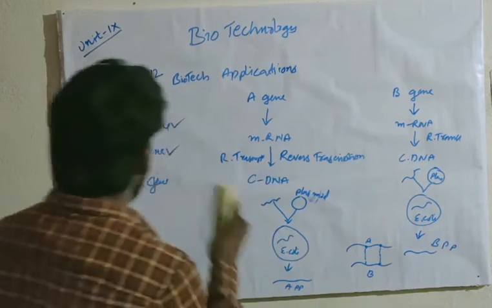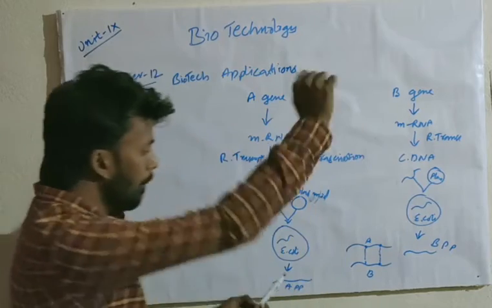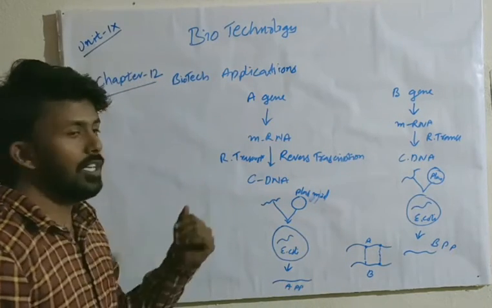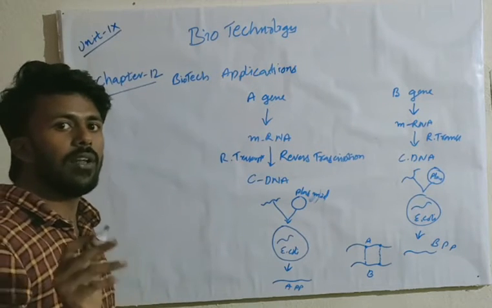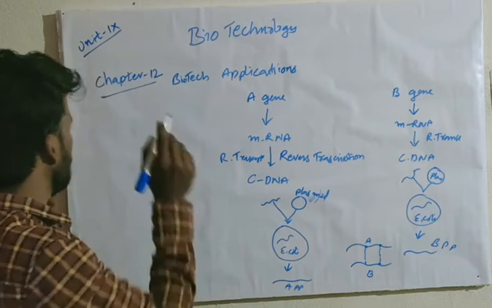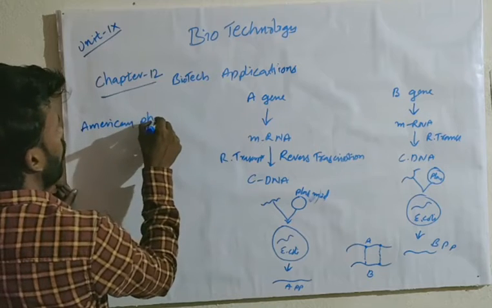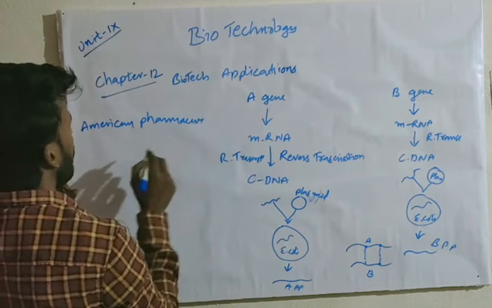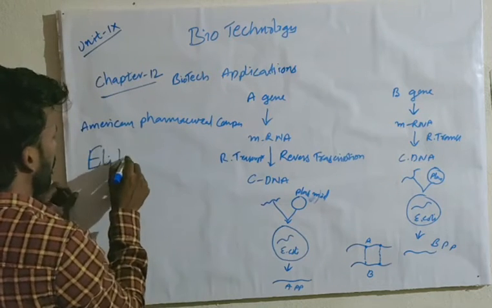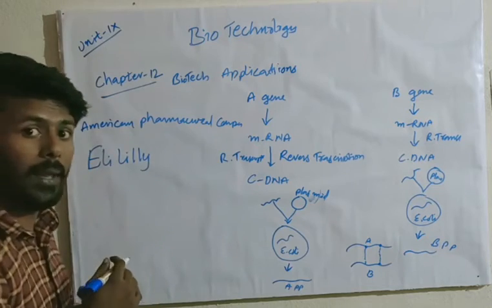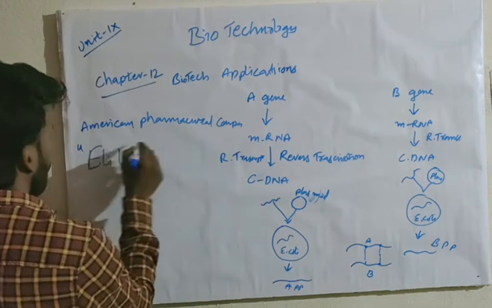So this entire process of genetically engineered insulin was performed by an American pharmaceutical company named Eli Lilly. And they named this genetically engineered insulin Humulin.